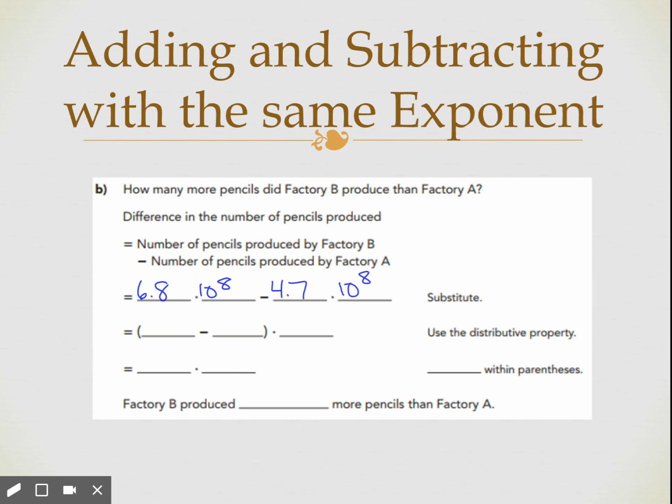Now I'm just going to subtract 6.8 minus 4.7 times 10 to the 8th. 6.8 minus 4.7 is simply 2.1 times 10 to the 8th. Again, I'm subtracting within the parentheses. Since 2.1 here is greater than or equal to 1 and less than 10, I can just leave that because this is proper scientific notation.